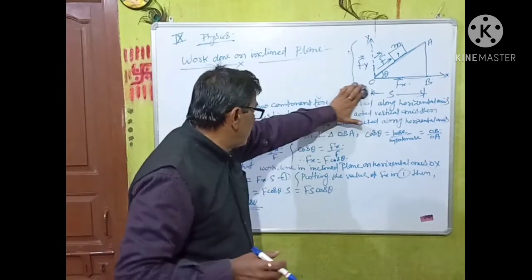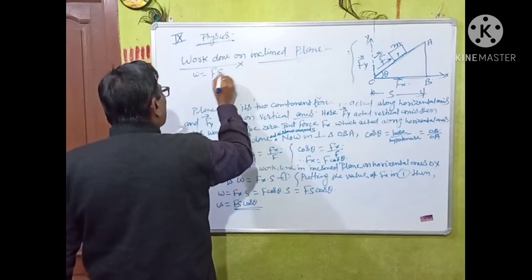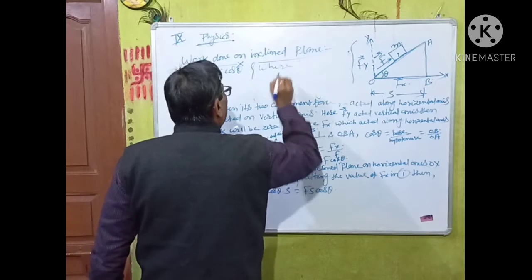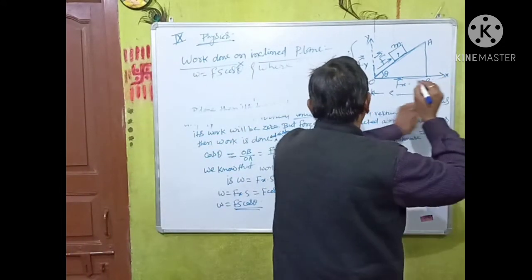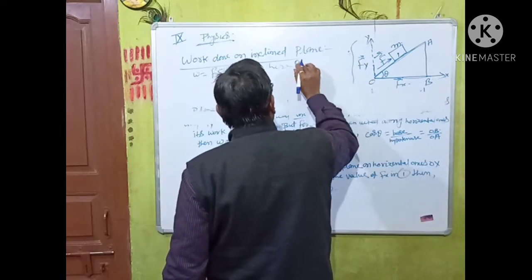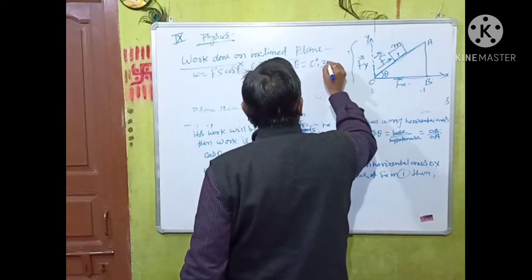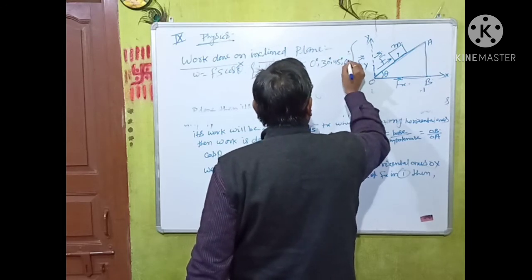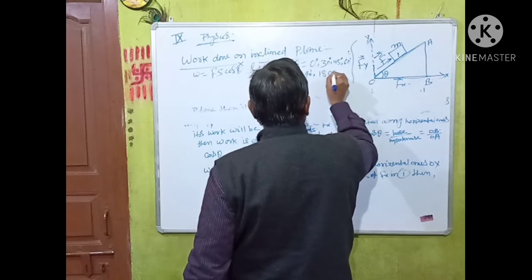Here W is equal to Fs cos theta, where theta is equal to 0 degree, 30 degree, 45 degree, 60 degree, 90 degree, 180 degree.